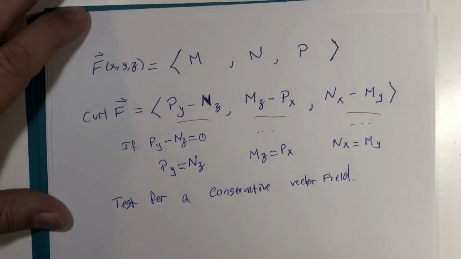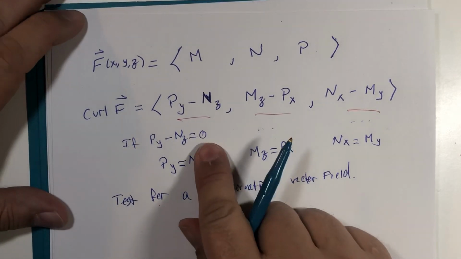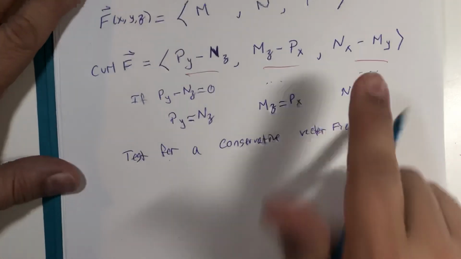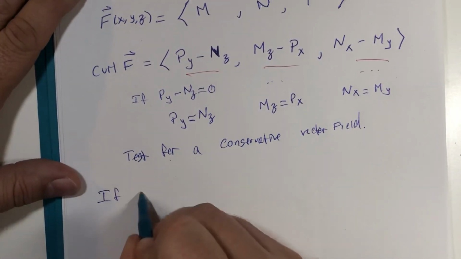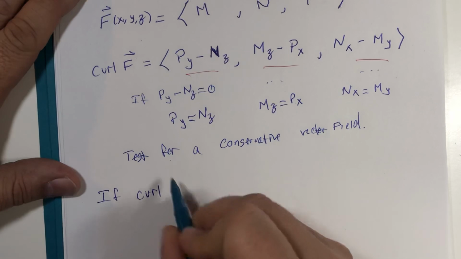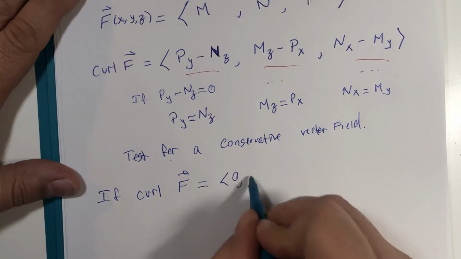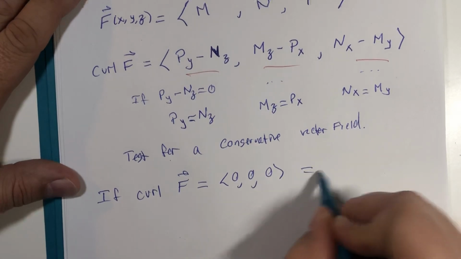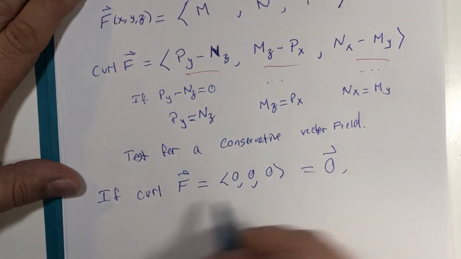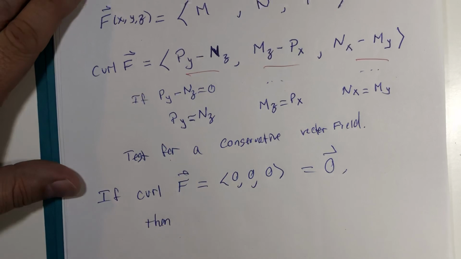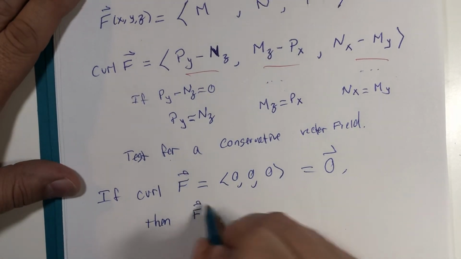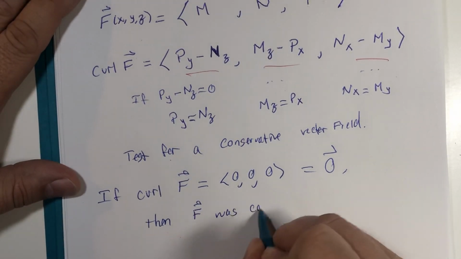So it turns out that if you were to end up with all three components equal to 0, so if the curl of f is the 0 vector, then f was conservative.